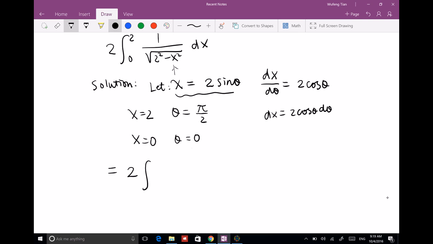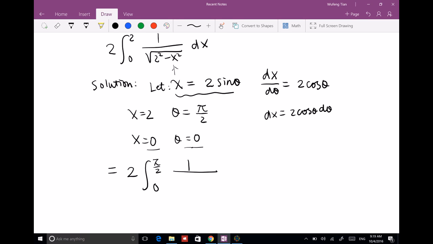So first the theta boundary: pi over 2 is here, and then the bottom, x equals 0, theta equals 0. Very good. Then 1 over, and we have not done that part yet.